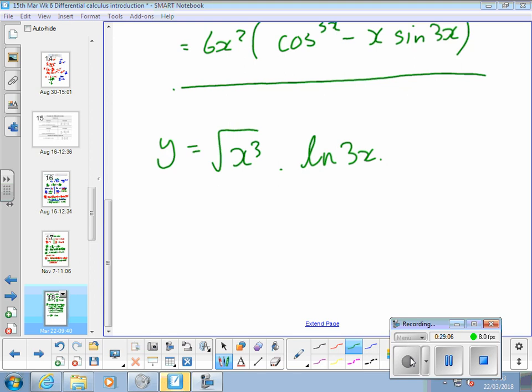So we're going to make u equal to the square root of x cubed, and v is equal to ln 3x.